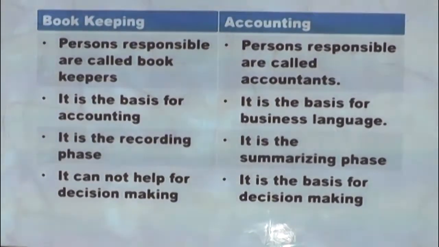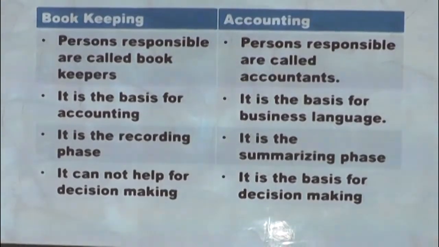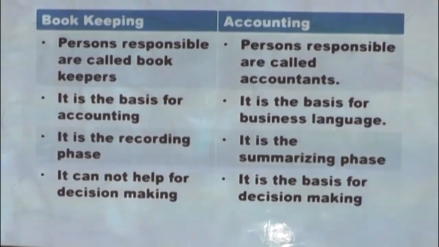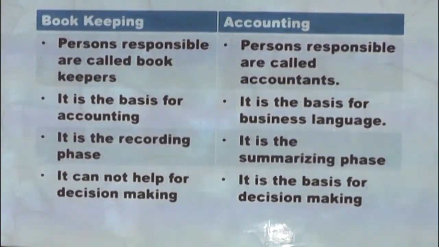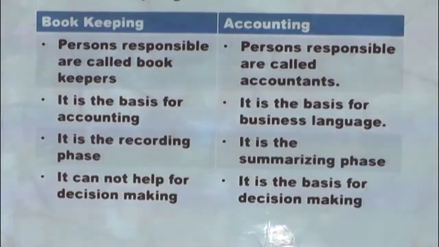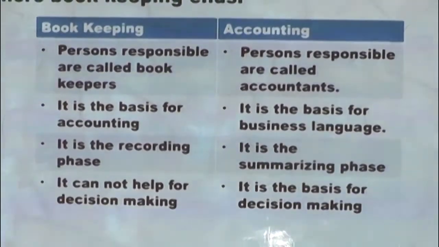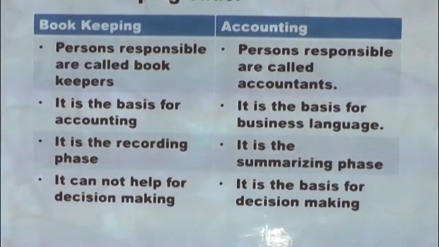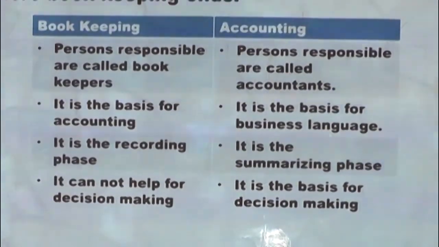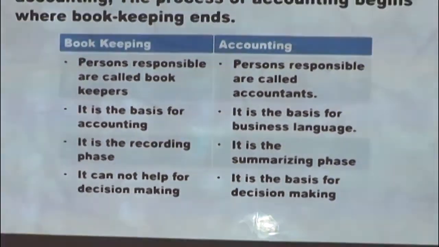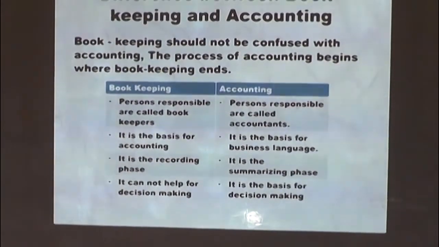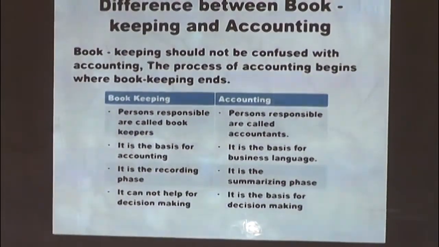First of all, before we discuss that, I want you to understand that the personality involved, the names that are given to them, differ. The personality involved in bookkeeping, we call them bookkeepers, while in financial accounting, the personality involved is called an accountant.